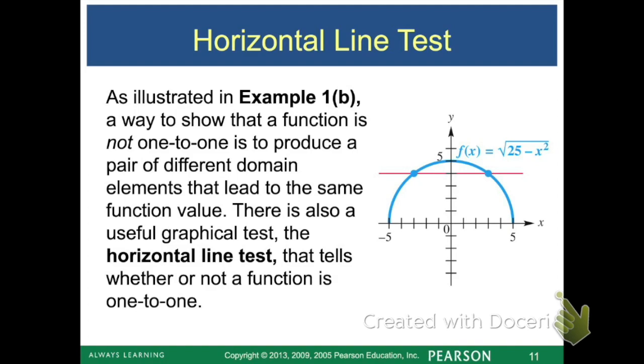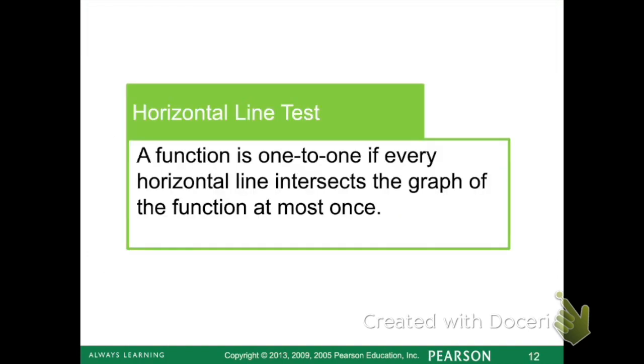Same idea here, but now we're talking about a horizontal line test. So if we draw horizontal lines, if it crosses our graph more than once, then our function is not one-to-one, which is the case of this example here. So formally we say a function is one-to-one if every horizontal line intersects the graph of the function at most once.